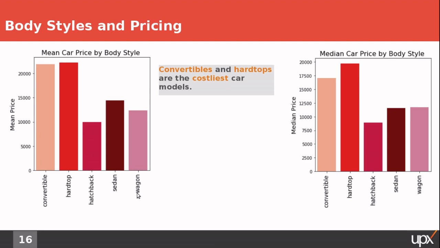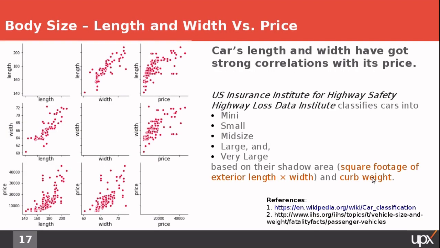Body styles and pricing. We have the mean and the median of the car pricing across body styles. You can see that the convertibles and hardtops have a significant price gap compared to the other three body styles: hatchbacks, sedans, and wagons. Now, body size, the length and width of the car with respect to pricing.